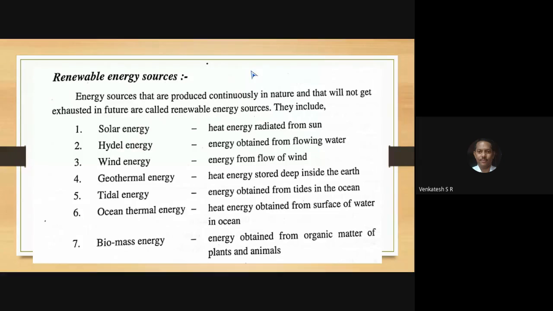First, come to the point, all of you write down renewable energy sources. Put number one, renewable energy sources.